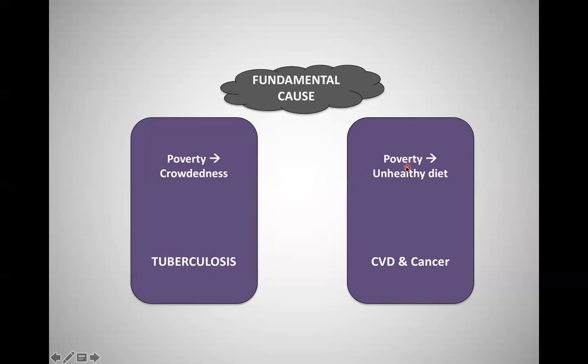In 2021, poverty remains a fundamental cause of poor health. It continues to impact crowding as well. But if we want to think about the main causes of mortality nowadays, and one of the main behavioral risk factors, unhealthy diet, in 2021, poverty is operating through this risk factor of unhealthy diet.